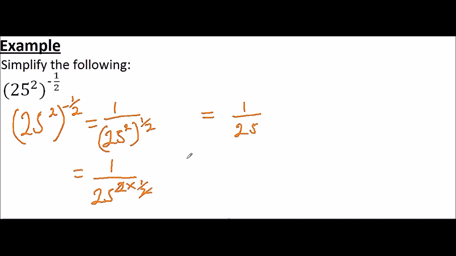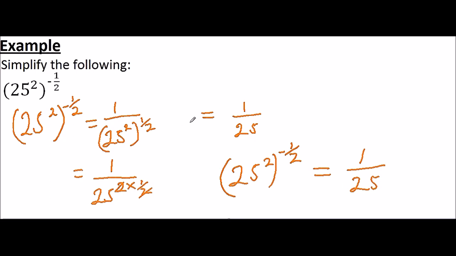So our expression, 25 squared to power minus a half, is the same as 1 divided by 25 by applying the negative index.